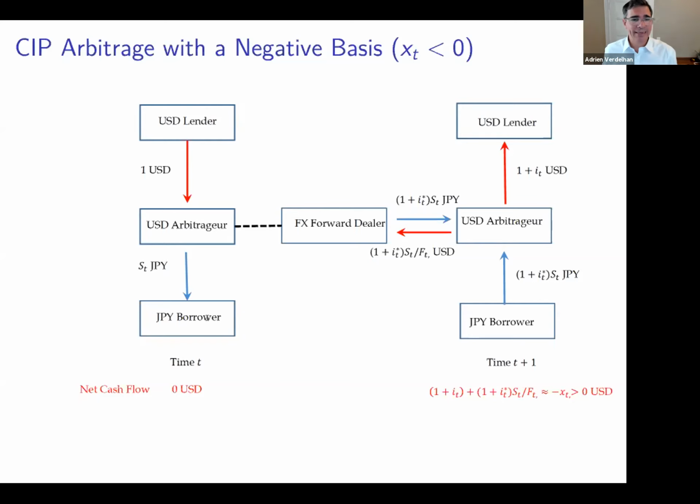Now, that's the beginning of the month. What's going to happen at the end of the month? At the end of the month, my Japanese borrower is going to give me back some yen with some interest attached to it. That's a good thing. The problem is that as a USD arbitrageur, I need to reimburse dollars, right? So at the beginning of the month, I'm going to sign a contract with the forward dealer.